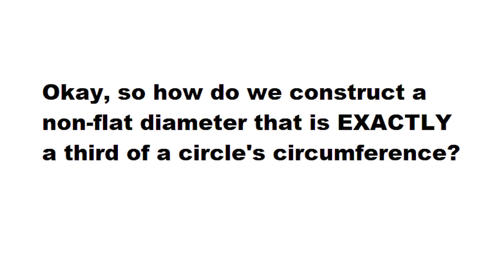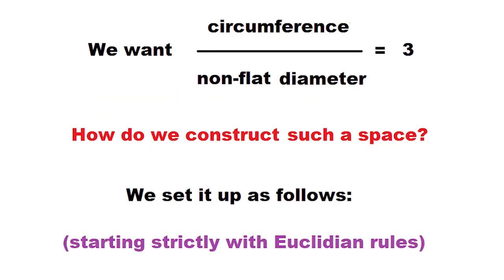Okay, now that we know that the relationship between circumference and diameter, also known as pi, can in some circumstances be different from its usual value, how do we ever get it to be exactly 3? If we have to construct a special space, what special space do we construct?